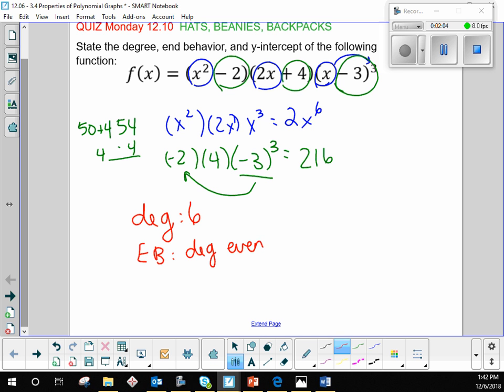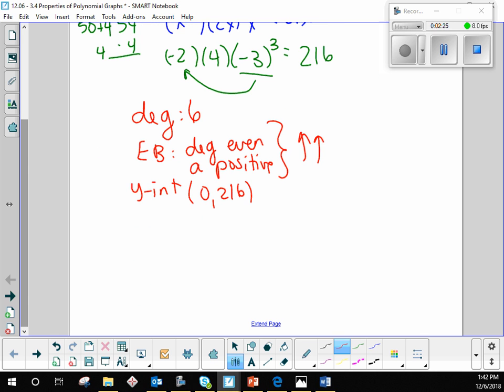And then the other one is, is your A positive or negative? Okay, so what's the end behavior for even degree and positive A? Up, up, right? Just like x squared's graph is up, up when it's positive and it's even. And then the y-intercept, yeah, very good, 0, 216.